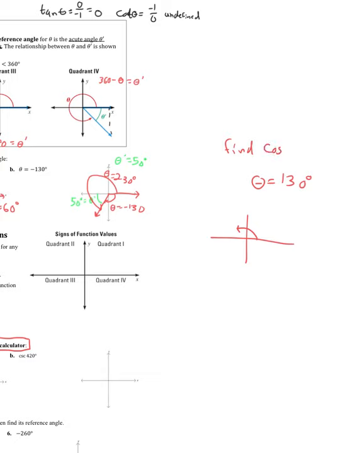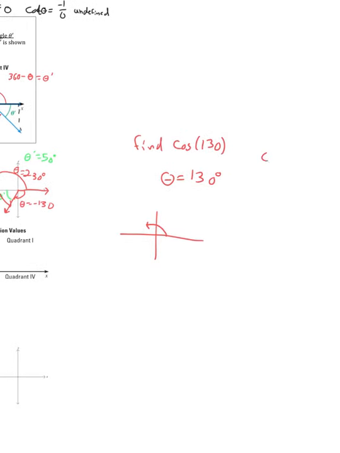We'll do cosine of 130 degrees. So we're already rolling with this. If I were to put cosine of 130 degrees in my calculator, go ahead and do that now if you have your calculator available. And you're going to get a negative number. I know it's going to be a negative number. I just don't know what the number is going to be. But there's our theta.